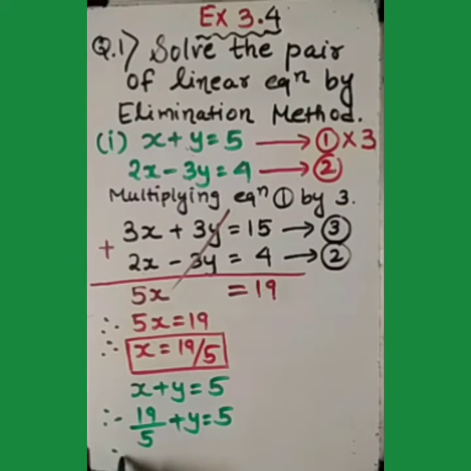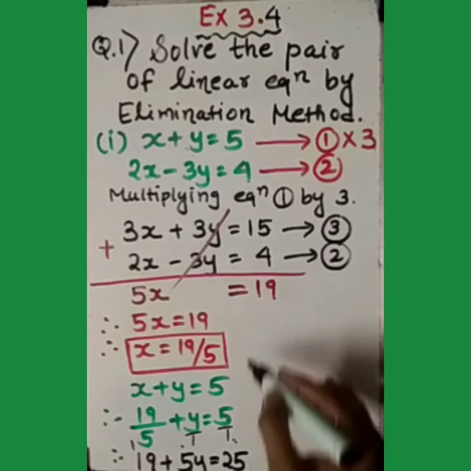Very simple. Now let me make your work easiest. Here you know very well, nothing means 1. So take the LCM. Here we need to multiply with 1, 19 ones are 19. Here we need to multiply with 5, so 5 into y is 5y. Here also with 5, so 5 fives are 25.